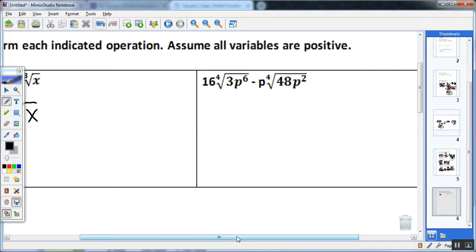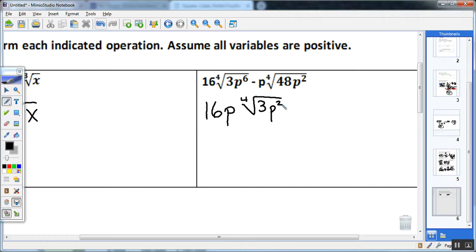Guys, how many times will 4 go into this 6 right here? 1 time. So do you guys agree that this is like 16p times, what would the remainder be here? 2. Times the 4th root of 3p squared, right?